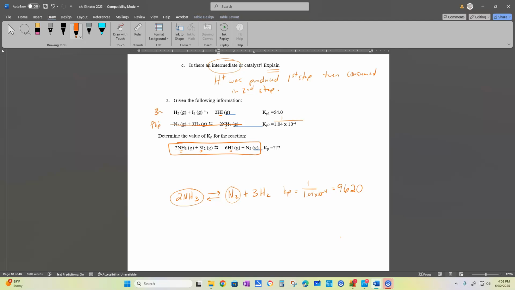So it looks like this first equation is going to get multiplied by 3. So I'm going to say 3H2 plus 3 iodines. And because this coefficient's already there, 3 times 2, I'm going to get 6. And that Kp, I have to not multiply by 3. I got to raise it to the 3rd power.